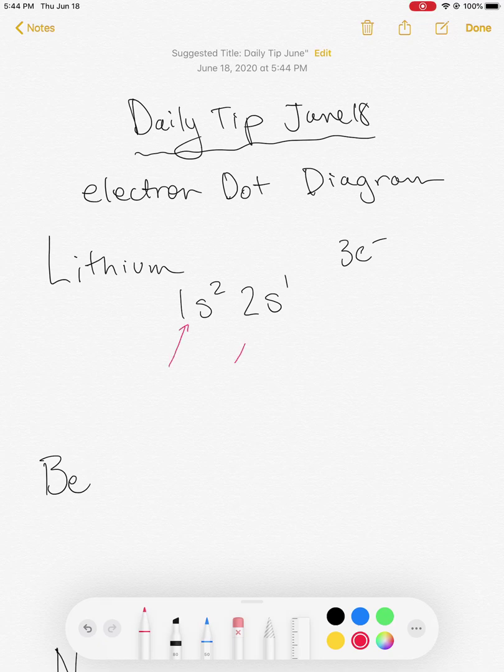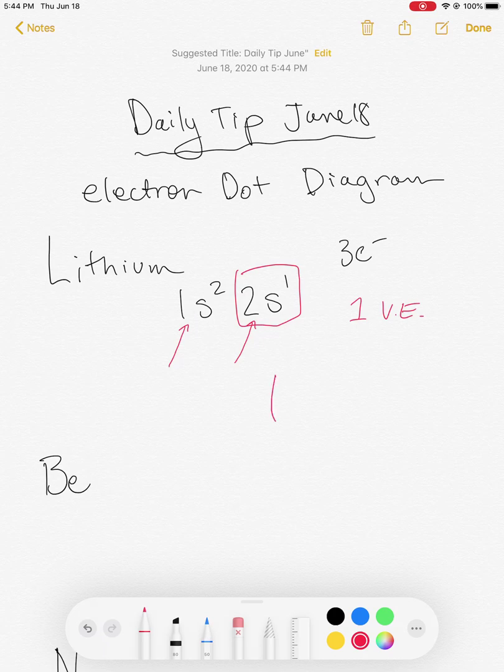Remember, here's energy level 1, energy level 2. Which one is higher? 2. All right, so the valence electrons are the electrons in the highest energy level. So that means lithium has 1 valence electron.